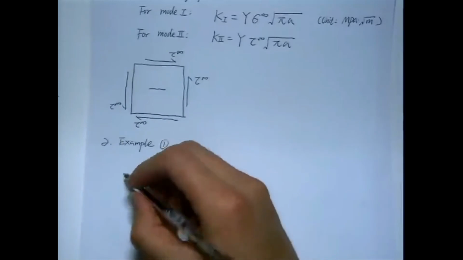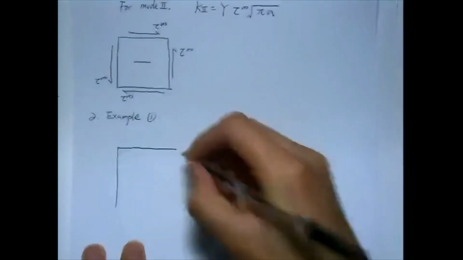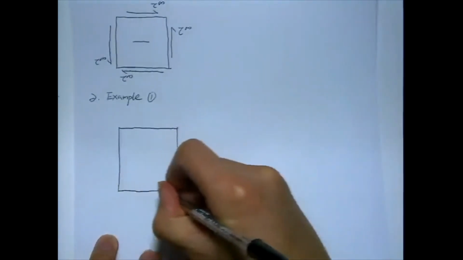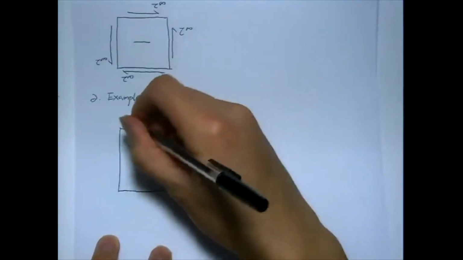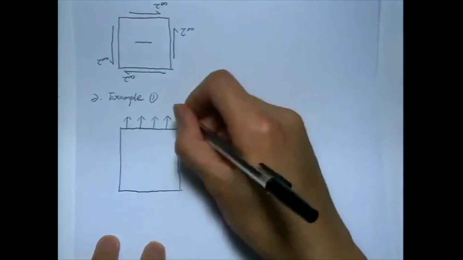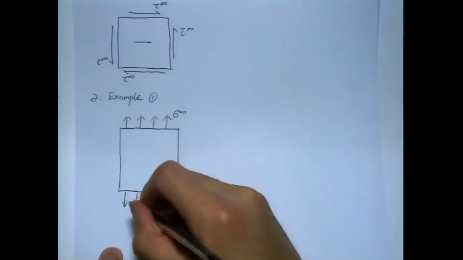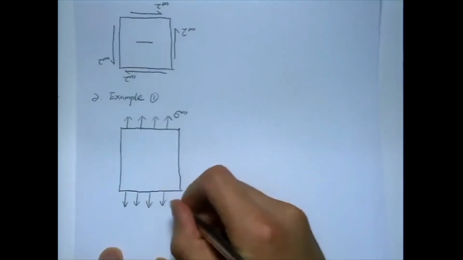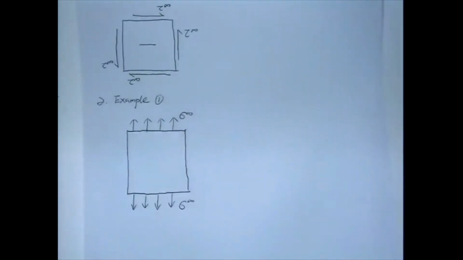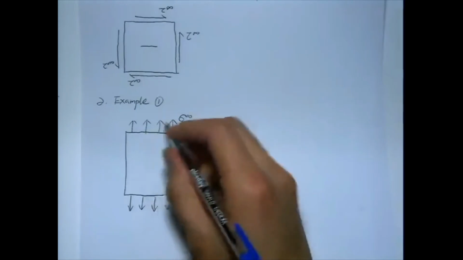We have a specimen loaded uniaxially, sigma remote, with an initial crack not perpendicular along that.